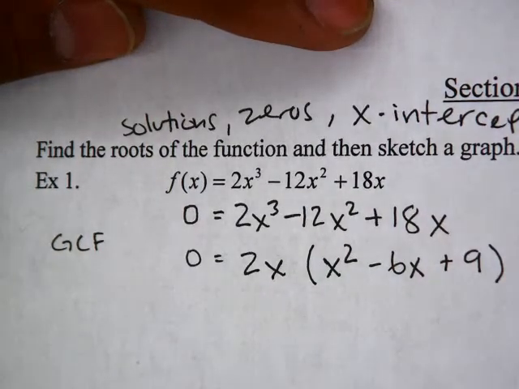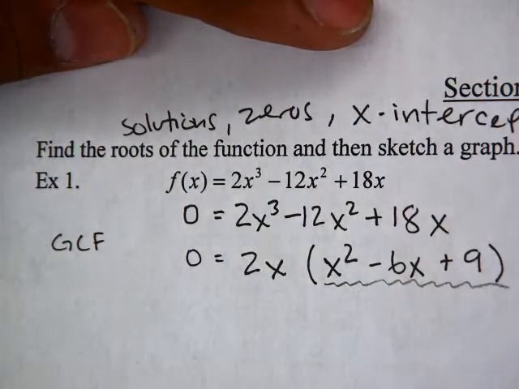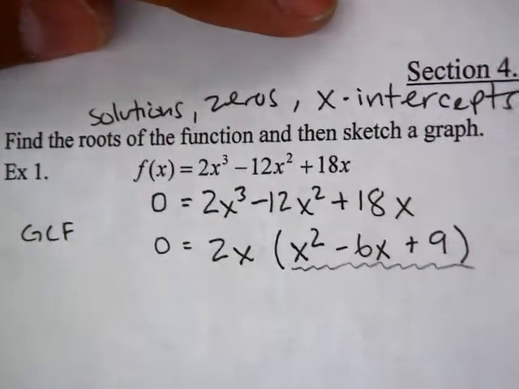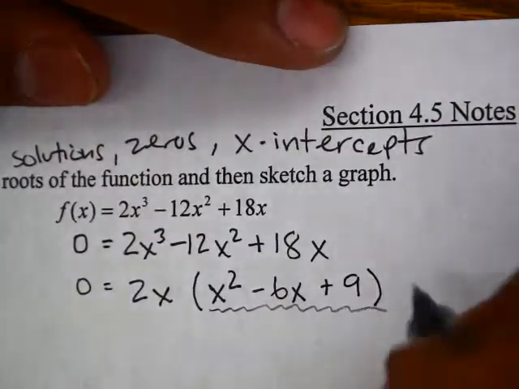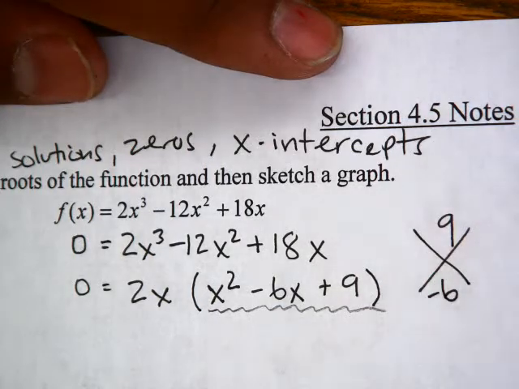Okay. So we want to factor completely, meaning factor until we can't factor anymore. So that x squared minus 6x plus 9, that's a quadratic, so we should try and factor that some more using the factor puzzle. So let's see. The 9 goes on the top and the negative 6 goes on the bottom.